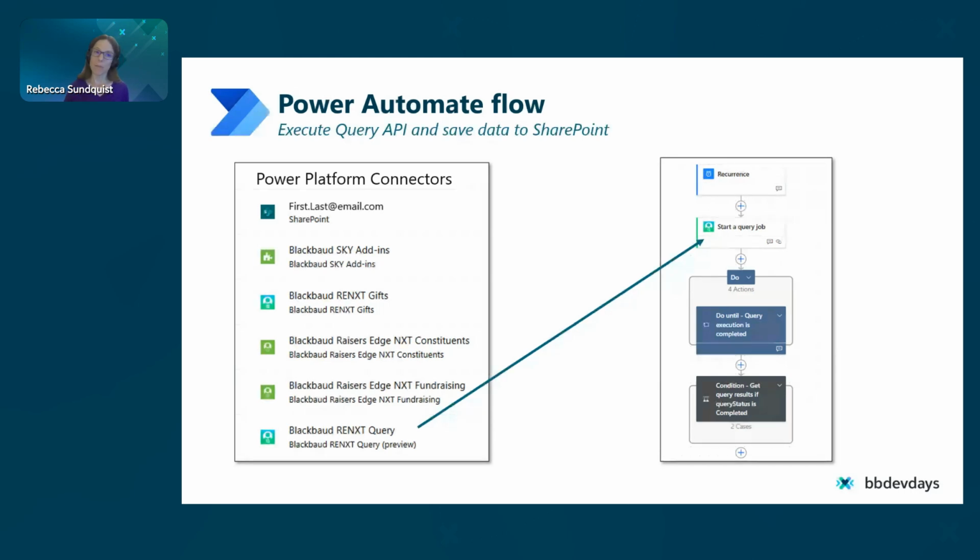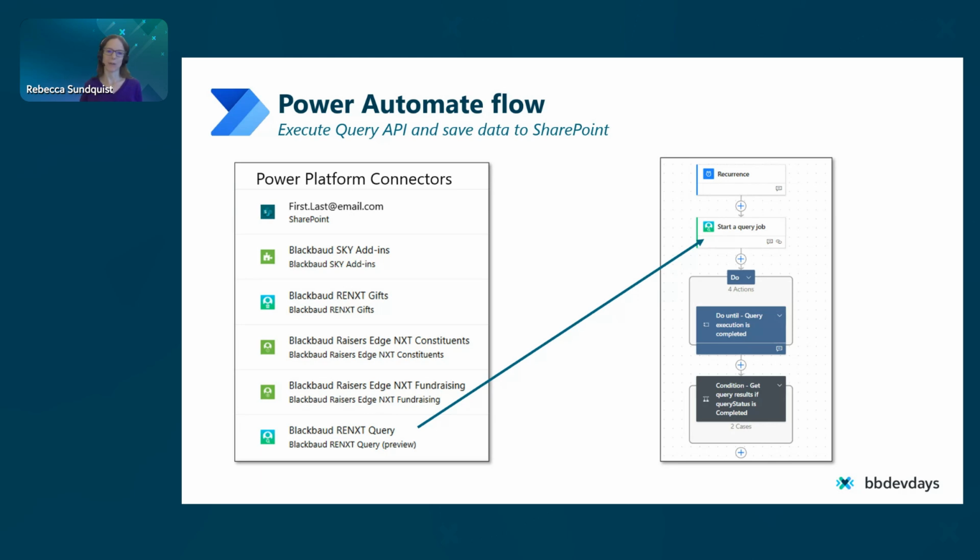But then Blackbaud has partnered with Microsoft to certify some connectors for use that leverage Sky. And one of those being the Blackbaud RENXT query that's going to allow us to execute the query job, monitor its status, and then pull the results when it's complete. These connectors being certified are considered premium connectors, and so they do require a premium license with Power Automate.